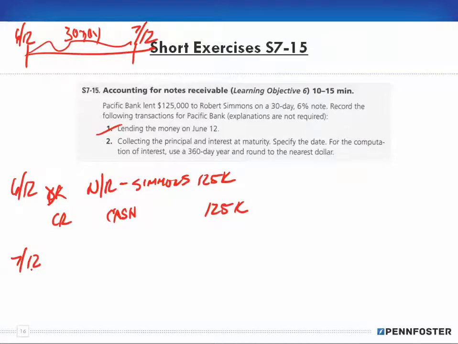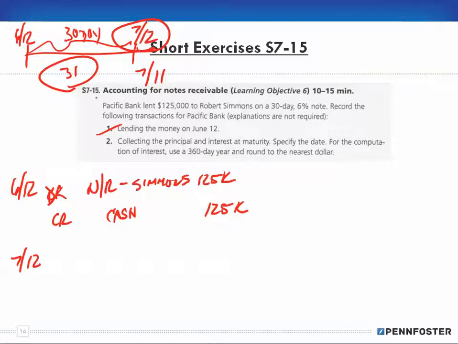But let's just say hypothetically that it had 31 days in it. Well, then the date would not be 7/12, it'd actually be 7/11, because what you're doing is counting the number of days. You can't just assume every single month has 30 days in it. You have to look at the calendar to see which months have 31.